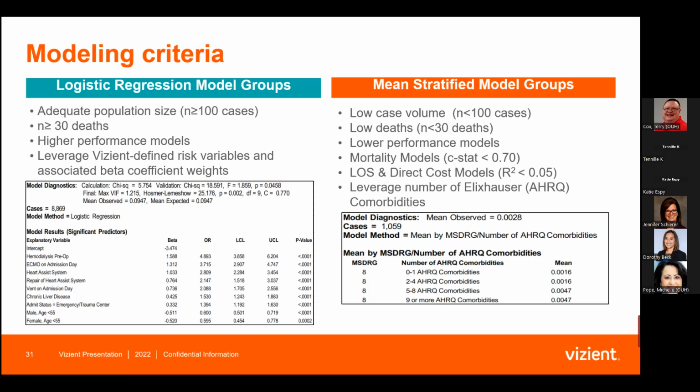So it's a challenge to come up with the risk variables that's on the left. So that's why we use the ARC comorbidities. If you're not familiar with that, it's the Agency for Healthcare Research and Quality comorbidities, also known as Elixhauser comorbidities.